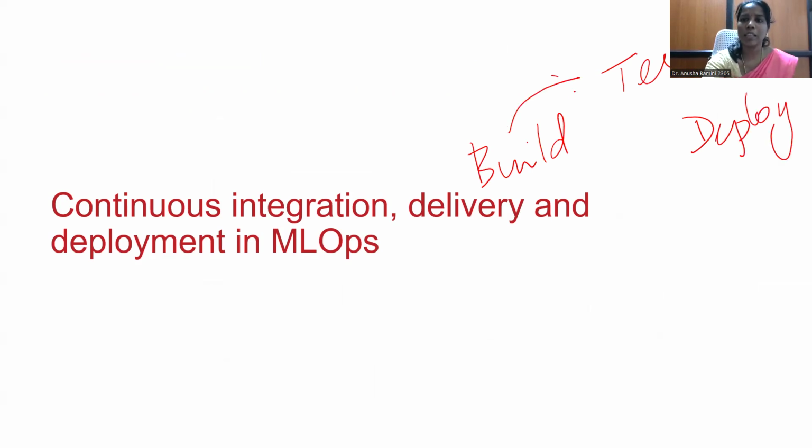These three steps are interconnected. Building a code, after that we are testing, then deploying the code. The building of a code can be done either on your own PC or laptop, on any one platform with some data sets. It may be Python, Java, whatever it is.